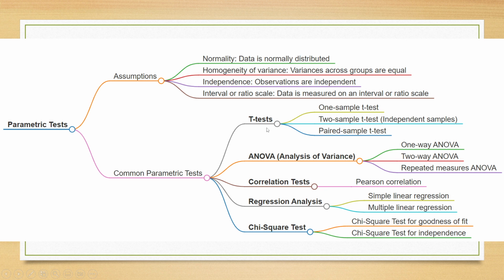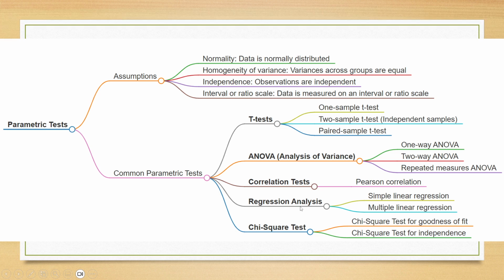chi-square. For t-test, as I earlier said, there is one sample, two sample, paired sample. For ANOVA, analysis of variance, there is one way, two-way, repeated measure. Then correlation: Pearson correlation, not Spearman. Spearman will be in the non-parametric.